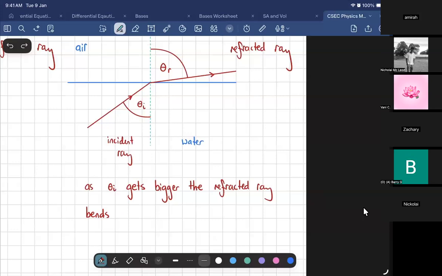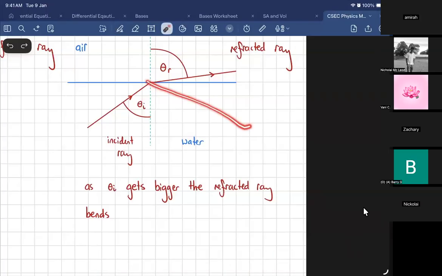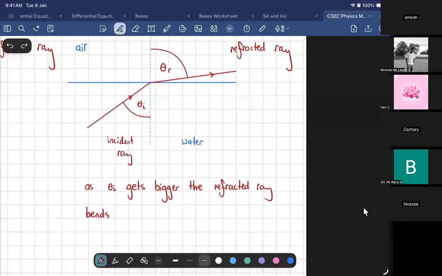I like further away. Amira, is that good? You say inwards? I think you're saying that because it looks like it's going into the water. That's fine, but I will use further away. The refracted ray bends further away from the normal.